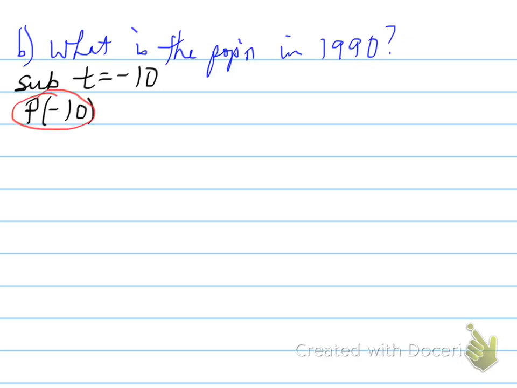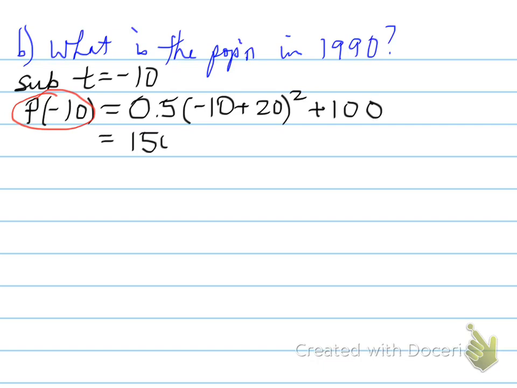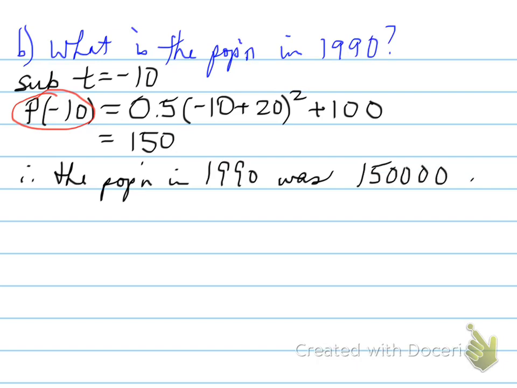So, P(-10), remember that's a y equals. Do not separate these two, folks. They stay together, so I'm circling them to remind you. 0.5(-10 + 20)² + 100, we plug it in and we get 150. So 10 years prior, the population in 1990 was 150,000 in SimCity.